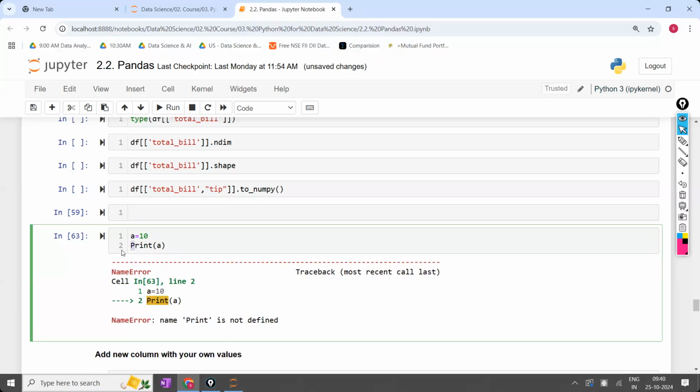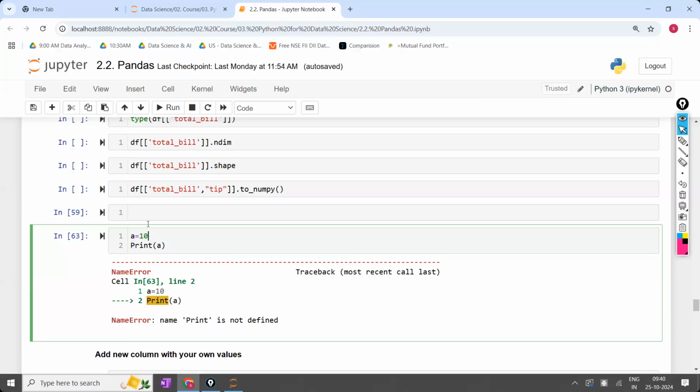Why will the print function not work? Print function will work. No, sir, Jupyter Notebook is not working in my laptop, sir. How can that be? Just bring the laptop. Then he brought the laptop and I observed P is caps lock. P in caps lock means it will not work not only in Jupyter Notebook, but in none of the Python IDEs.